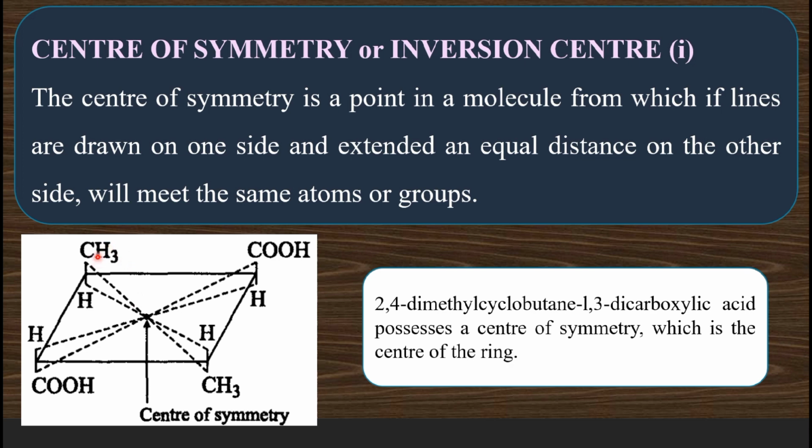So if you travel in this direction, you meet with methyl, and in the same axis if you travel in the opposite direction, the same distance, you are meeting with the same methyl group. So you are meeting with identical groups at identical distance when you travel in the opposite direction from this central point. So this molecule contains a center of symmetry which is otherwise called inversion center, that is always represented with the symbol small i.